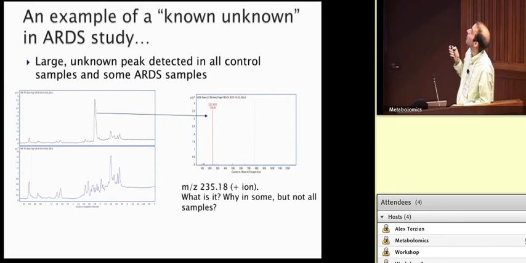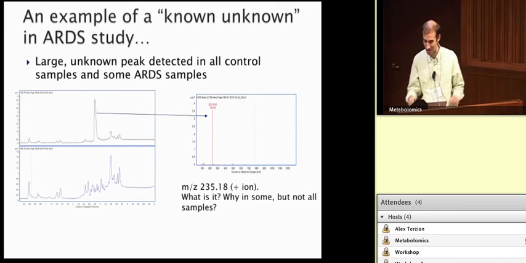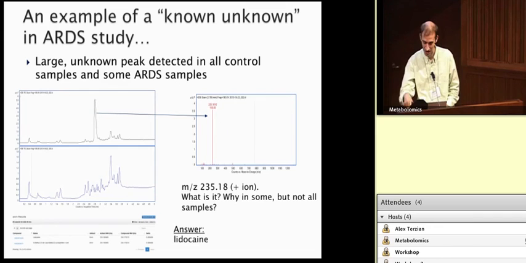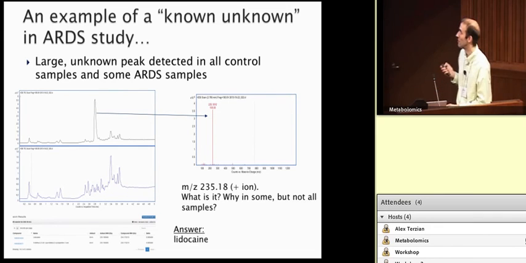Okay, so an example of a known unknown in this ARDS study. We found in our data set a large unknown peak detected in all of our samples. It wasn't in our library yet, and it had this mass to charge. What is it? Why was it in some but not all of our samples? Going back to something that I referenced in a previous talk, the answer we found out after some metabolite searching was it was lidocaine.